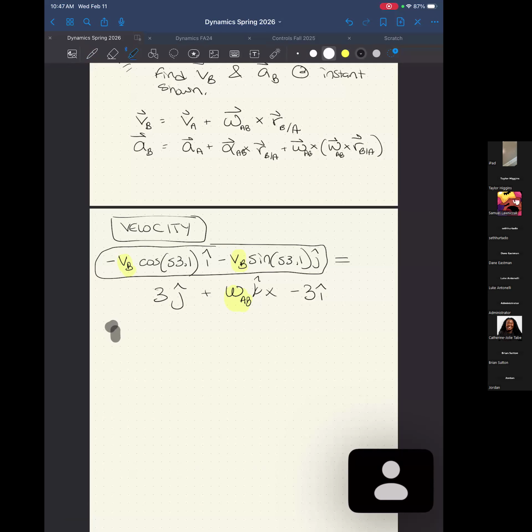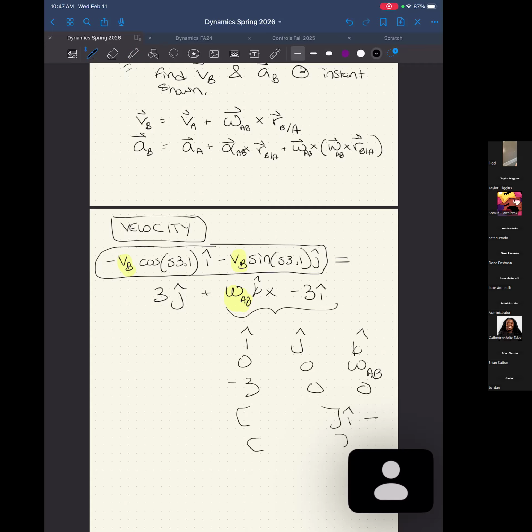Actually, let's go ahead and do this cross product. i, j, k; 0, 0, omega_AB; minus 3, 0, 0. i minus j plus k.